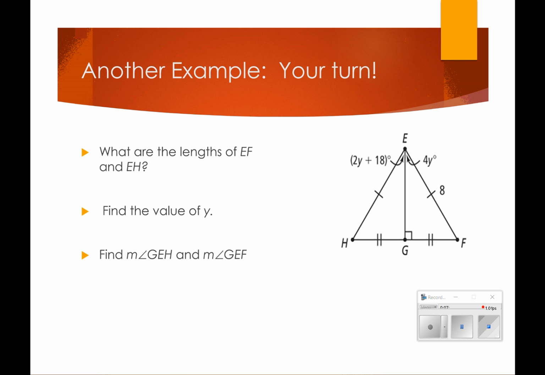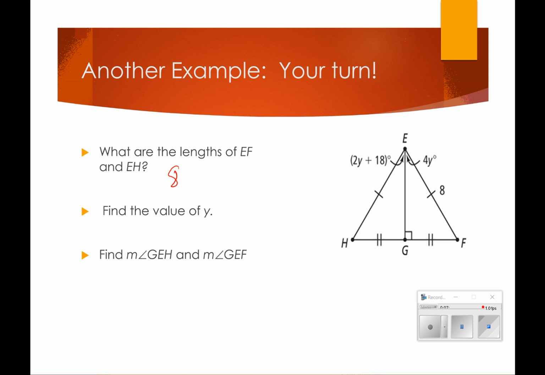What are the lengths of EF and EH? Again, we can see that they're on the perpendicular bisector, and they're actually marked congruent. So both of those lengths are 8. So that's kind of a no-brainer. But now we need to find Y, and I've got these two angles marked. But if we look at what we have, we've got two right triangles.